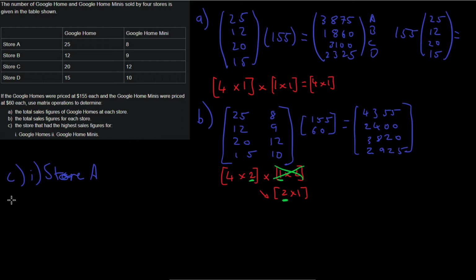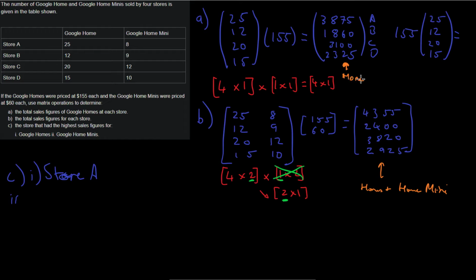Next up, part 2, Google Home Minis. This is an interesting one. Here we've got the Homes plus Home Mini. This is just, oh, that's an arrow. Perfect arrow once again. Thank you very much. I've been practicing. Yeah, I'm sure you can tell.